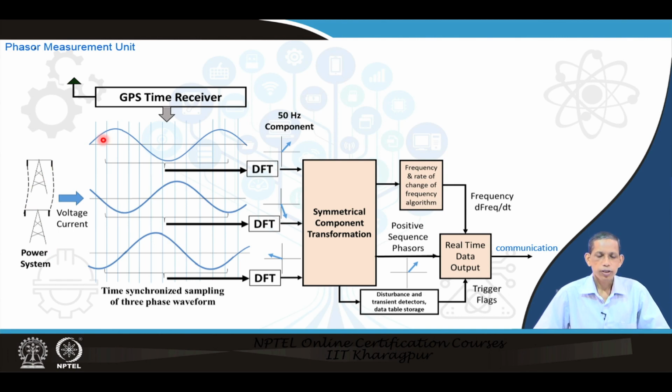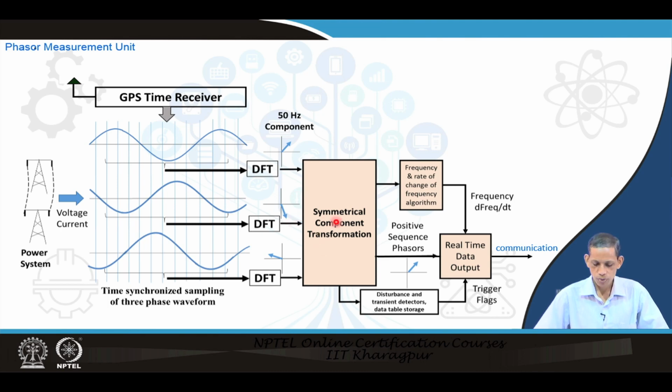So, we see that the phasor measurement unit receives GPS time information, scans the voltage and current samples from the CT, PT or CVT to which it is connected, and applies the DFT and all the filtering process to obtain the corresponding phasors.